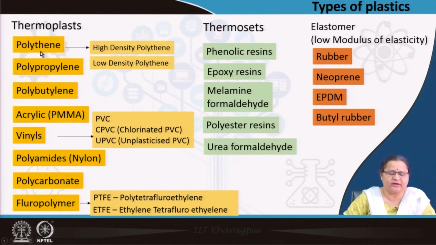Now, in the polyethylene you see high density polythene and low density polythene, and we also have another intermediate, medium density polyethylene. Similarly, with the vinyls you have polyvinyl chloride, chlorinated polyvinyl chloride and unplasticised polyvinyl chloride.